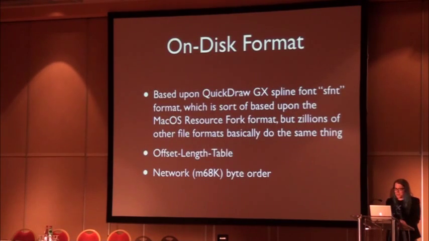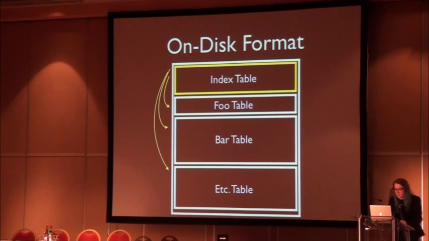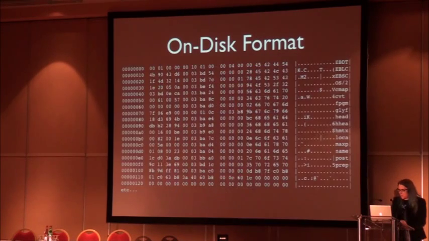TrueType fonts, the actual on-disk format is pretty simple. It's like the RSX11 style of, here's an index with offsets and sizes, and that's it, basically. The index is always at the beginning, and then anything else can be anywhere you want in the file. There's just offsets there. So we're looking at an actual file.